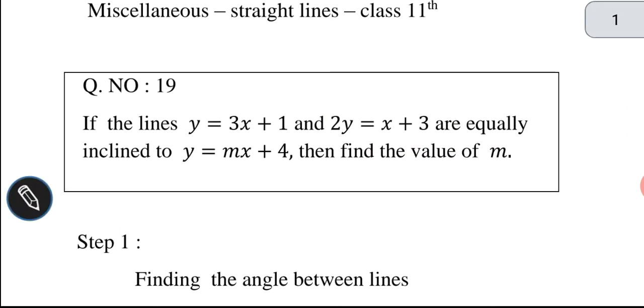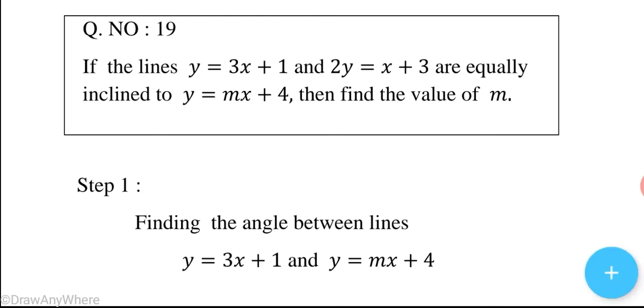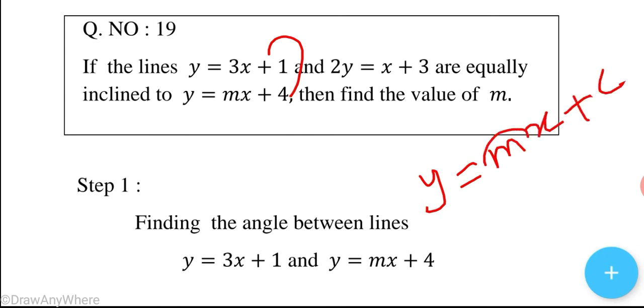Okay, so step 1, finding the angle between the lines y equal to 3x plus 1 and y equal to mx plus 4. First we have to find the angle between these two lines. Suppose the equation of a line in the intercept form is y equal to mx plus c, where m is the slope, c is the y-intercept.